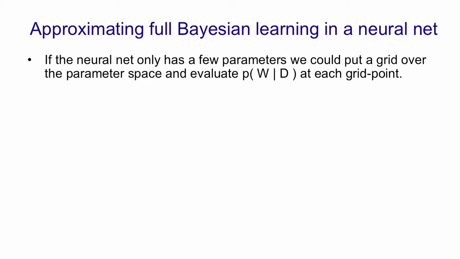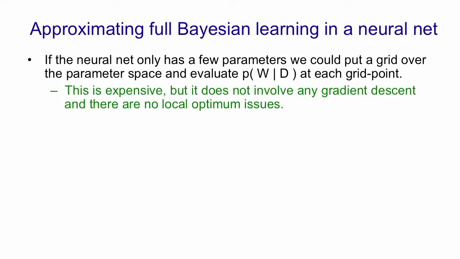That is, if we're doing supervised learning, how well our model predicts the target outputs. And we can say that the posterior probability of that grid point is the product of how well it predicts the data and how likely it is under the prior, with the whole thing normalized so that the posterior probabilities add to 1.